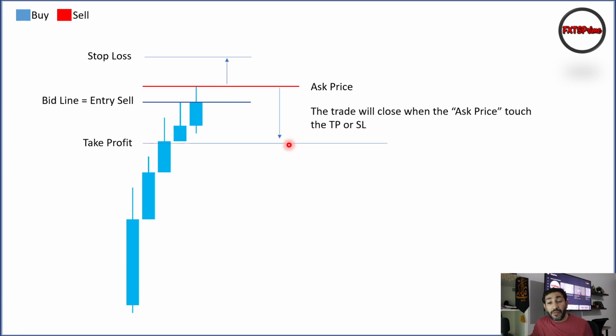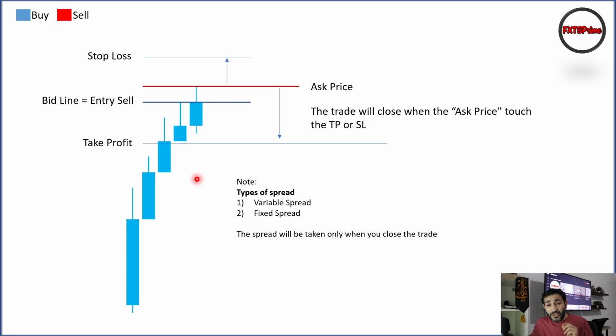And if I put my take profit here on this line, the trade will close only when the ask price touches the take profit. So now you can figure out that on a sell trade, the trade will be closed in two conditions: if the ask price hits the take profit, or if the ask price hits the stop loss.